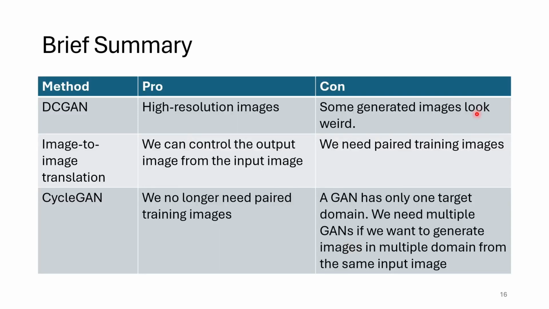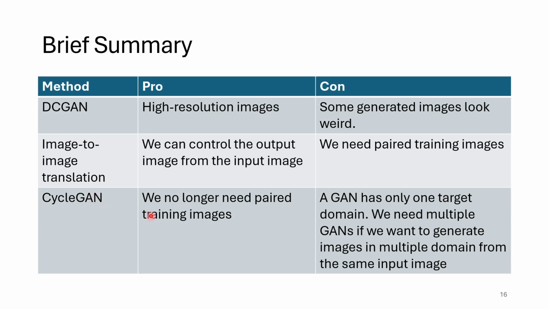So here, let's make a brief summary. DCGAN is the first GAN to generate high resolution images. Image translation is a conditional GAN rather than a regular GAN; we can use paired training images to get the image we want.